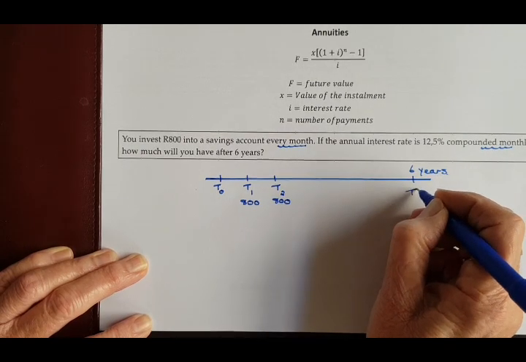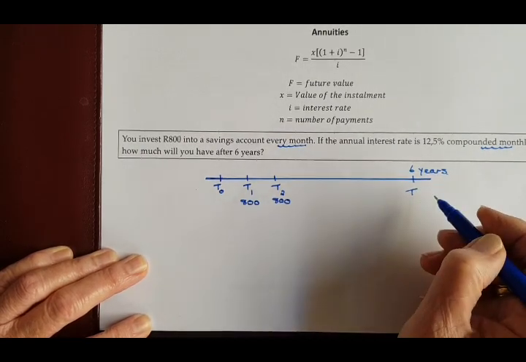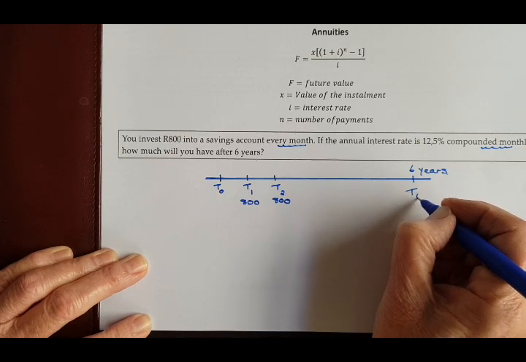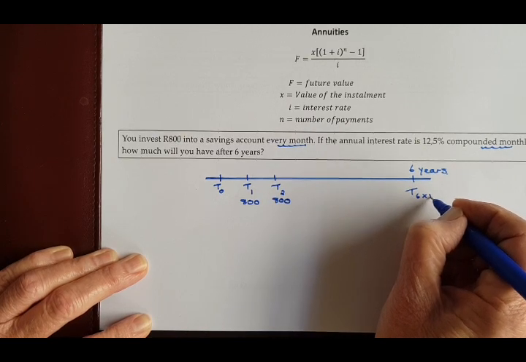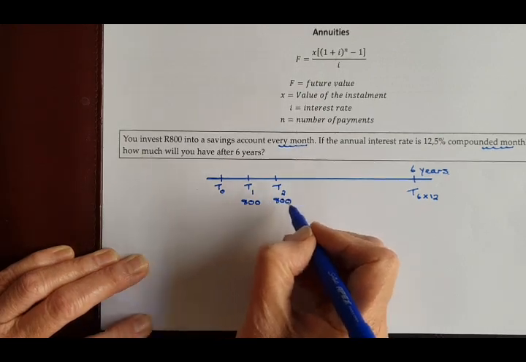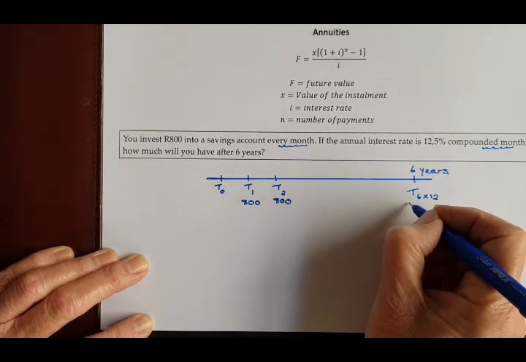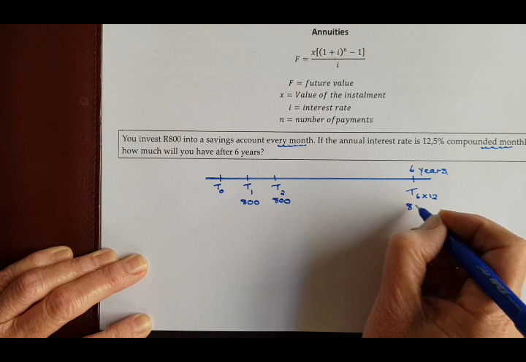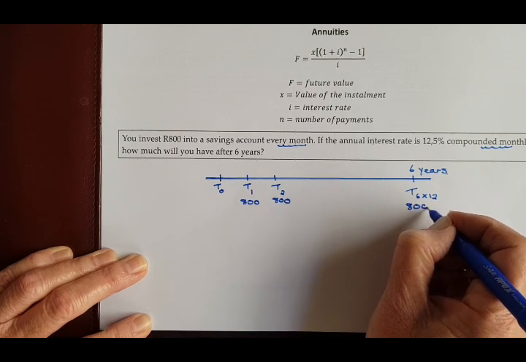So how many deposits are we making in total? 6 times 12. So we are going to make deposits every single month up to the end of the 6th year.